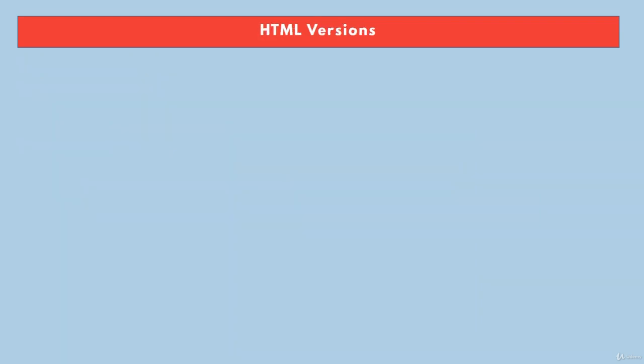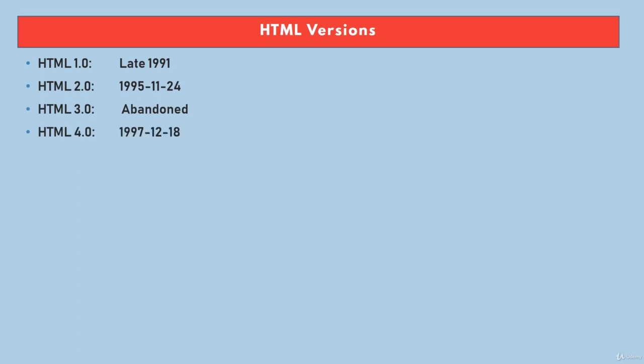And HTML has several versions. The first version was HTML 1.0, which was released by Tim Berners-Lee in late 1991. Next version is HTML 2.0, released in November 1995. HTML 3.0 started but was abandoned, that means discontinued. HTML4 was a very successful version, which was released in December 1997.